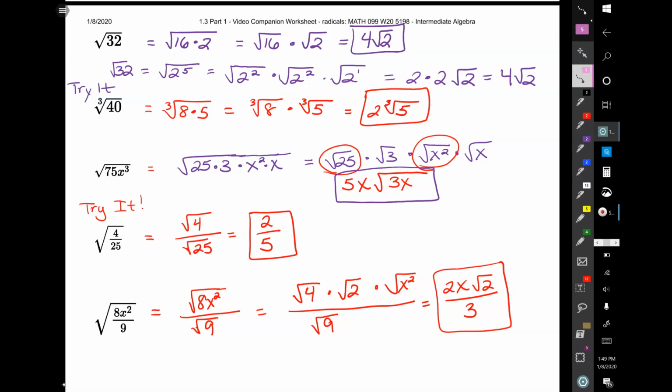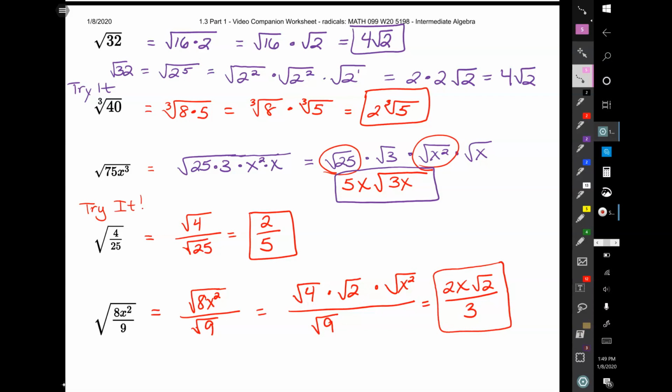The next one, we have the square root of 8x squared in the numerator, all divided by square root of 9. Again, you can just split it up into two separate parts, the numerator and the denominator. So I have square root of 8x squared in the numerator and square root of 9 in the denominator. And then I break it down. The 8 can break down to square root of 4 times 2. So I've written those right there.